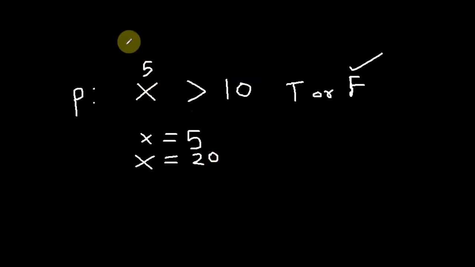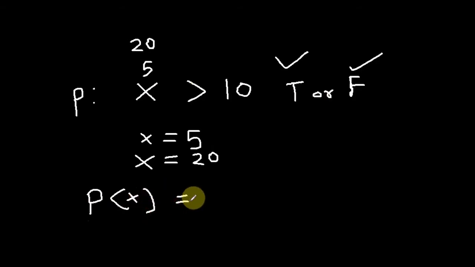Then the statement becomes 20 is greater than 10, which is true. So based on the variable value, the statement changes into true or false, and such a statement is denoted by P of x. x is a variable, so this is called a predicate.